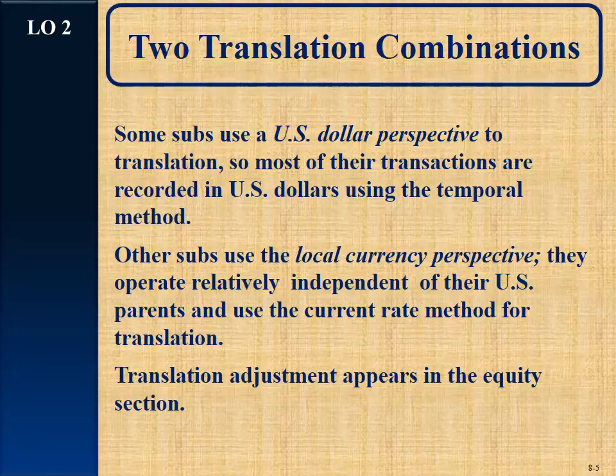So once again, there's some judgment here on management. And that's important because under the temporal method, any gain or loss in translation is in the income statement. Under the current rate method, it appears in comprehensive income in the equity section, so it totally misses the income statement itself.